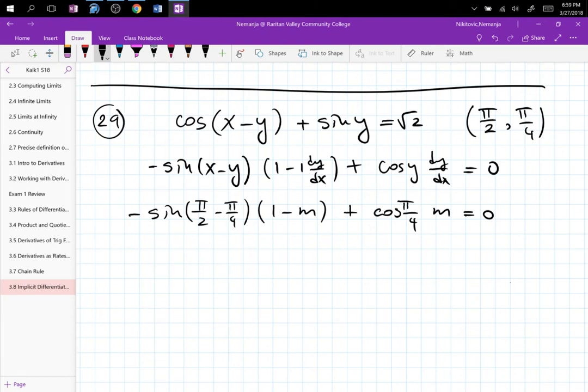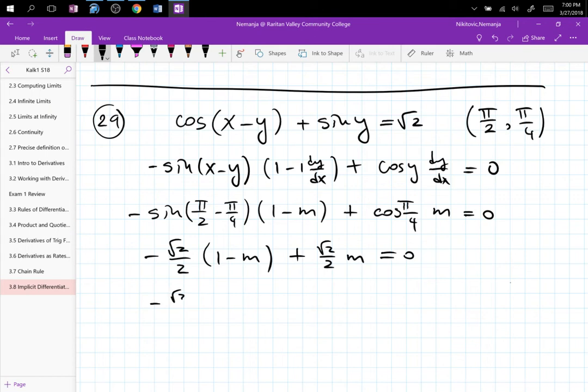Pi over 2 minus pi over 4 is pi over 4. Sine of pi over 4 is root 2 over 2, so we get negative root 2 over 2 times (1 minus m) plus root 2 over 2 m, because cosine of pi over 4 is also root 2 over 2. That's equal to 0. Now we distribute.